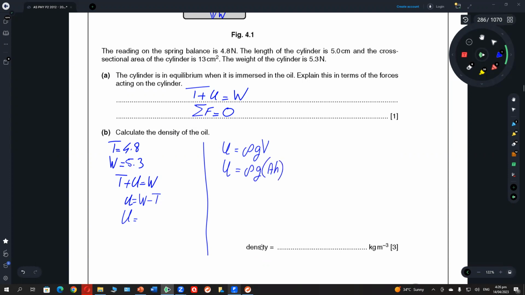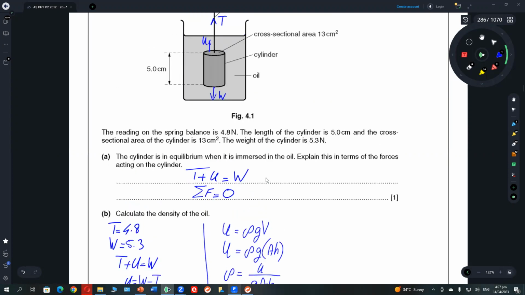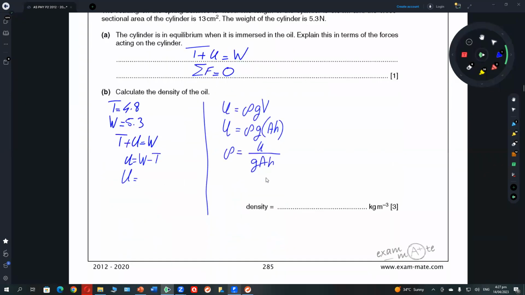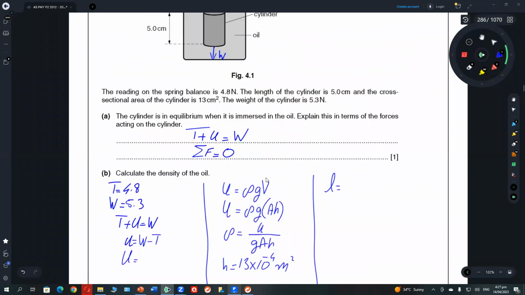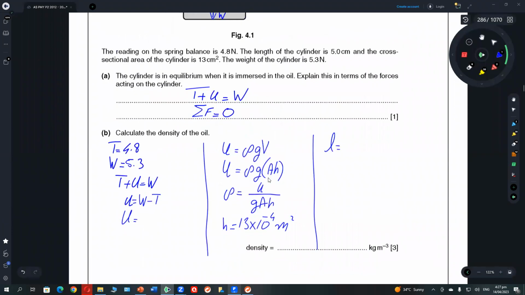So once you get the height for me, you can get this formula and you need to find density. The area is 13 centimeters square. Length is 5 centimeter.